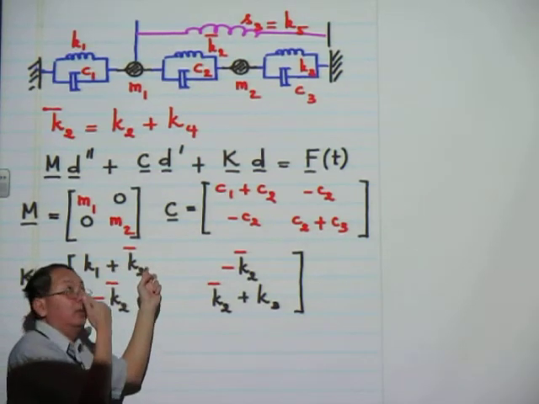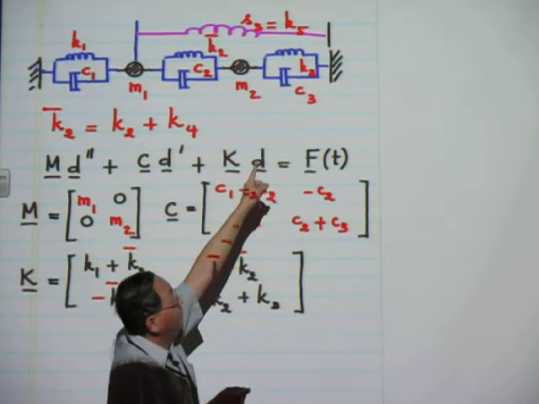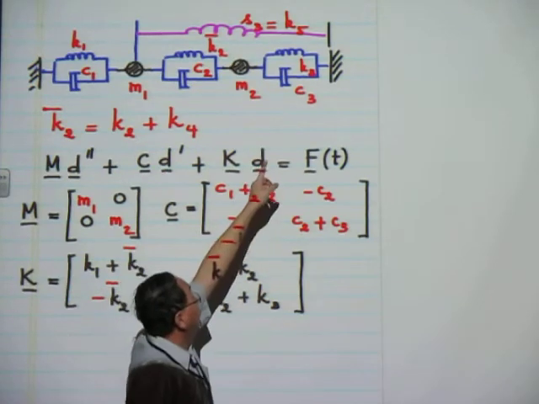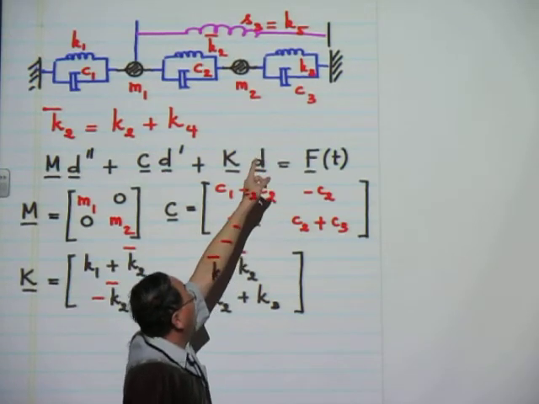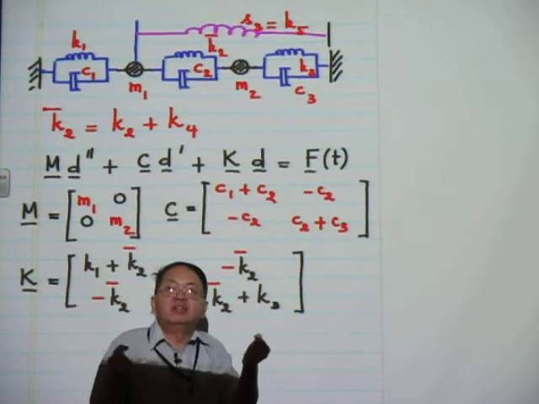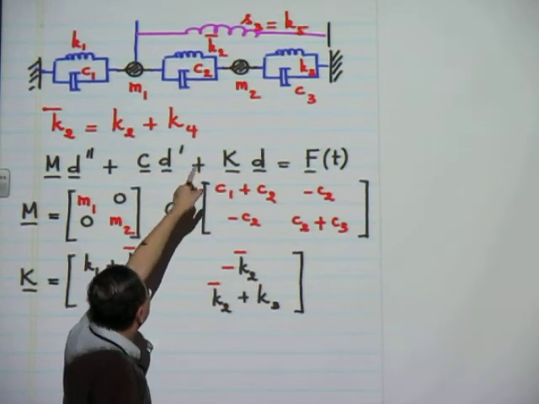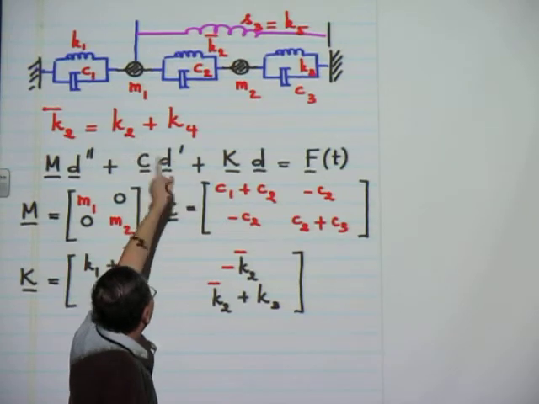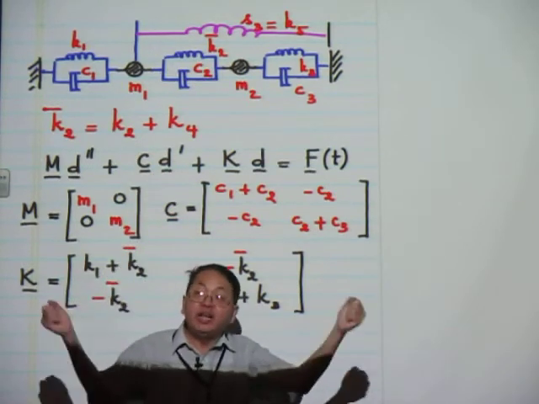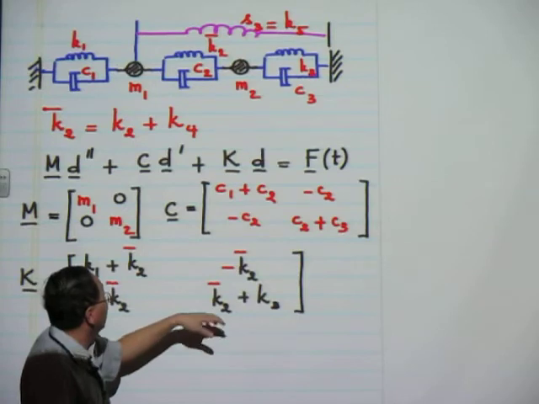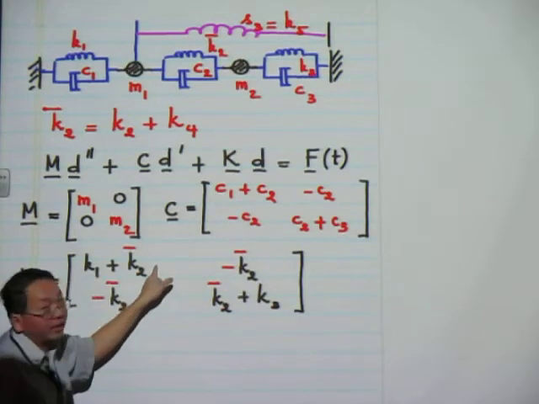On the other end, it's equal to 0. The displacement at the support of the spring K5 does not play any role. It does not connect to any of the free displacements D1 or D2. So therefore, the only place is right here.